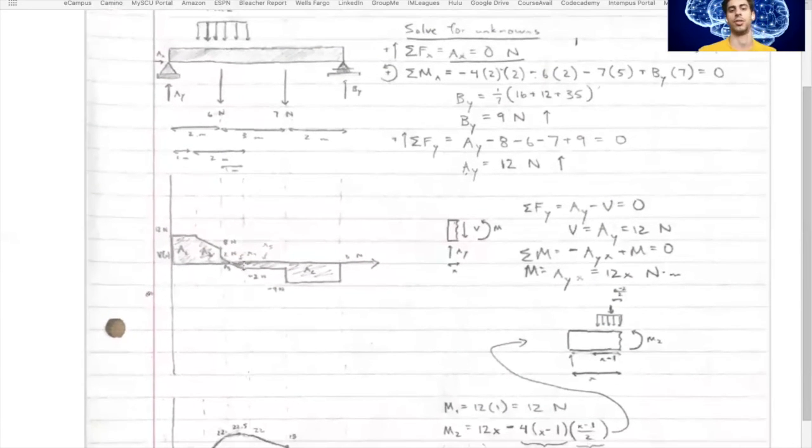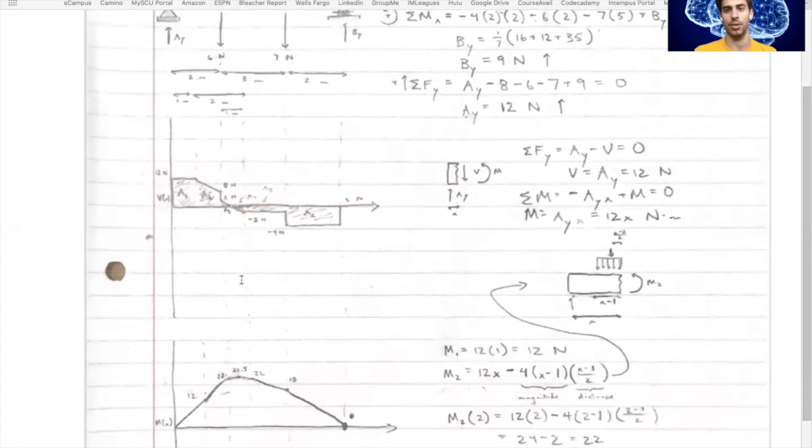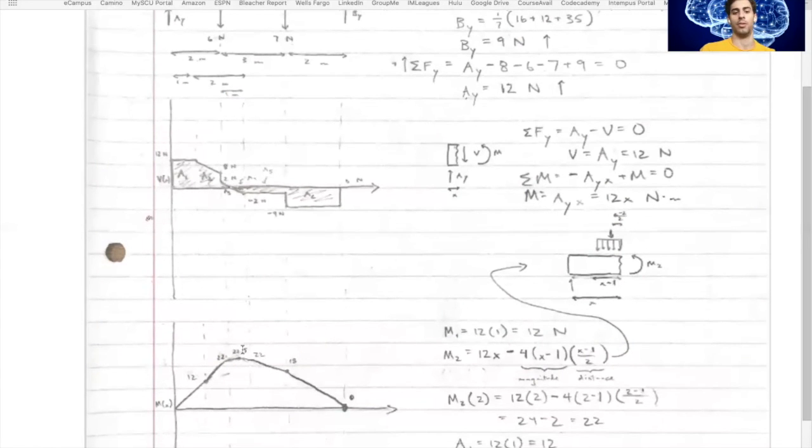Now, an interesting thing to note, very, very important, is that now we are under the curve and the shear force is negative. So that means that the moment will now decrease, since when you take the integral and the area is under a curve, it will be negative. So now the moment will decrease as a result of the shear being negative, since it's essentially the area underneath this curve.